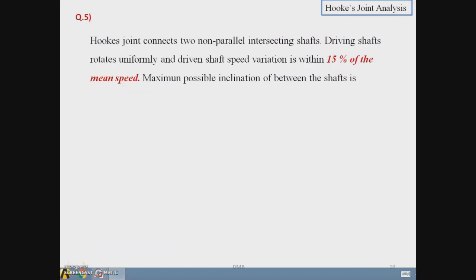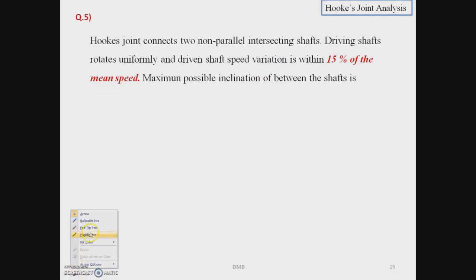Example number 5. Hooke's joint connects two non-parallel intersecting shafts. The driving shaft rotates uniformly and the driven shaft speed variation is within 15% of the mean speed. The maximum possible inclination between the shafts is?